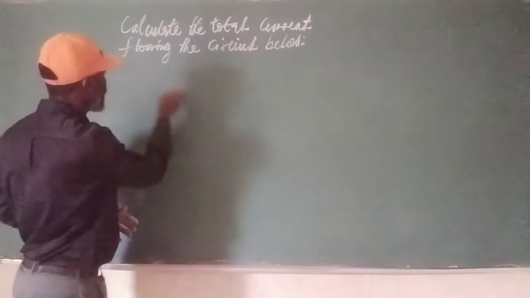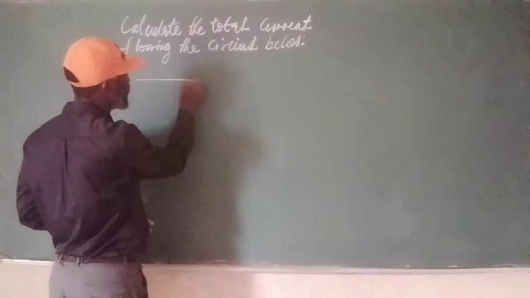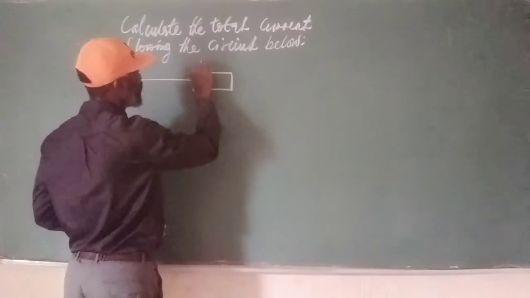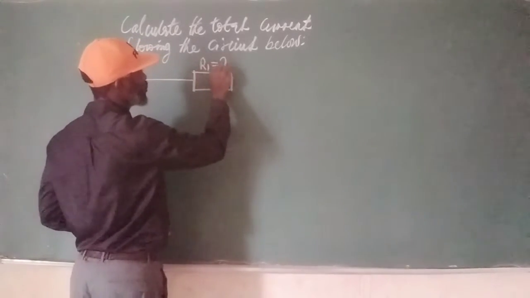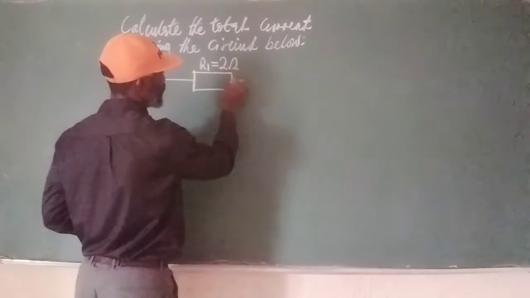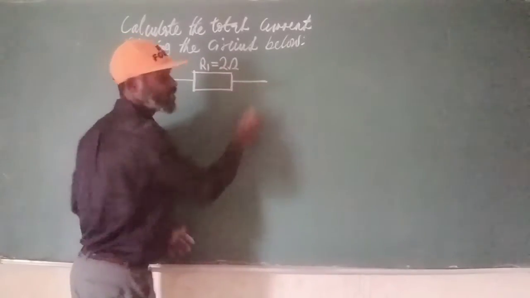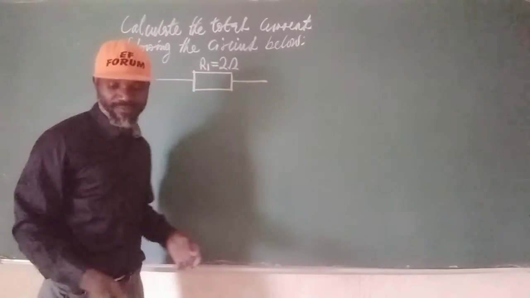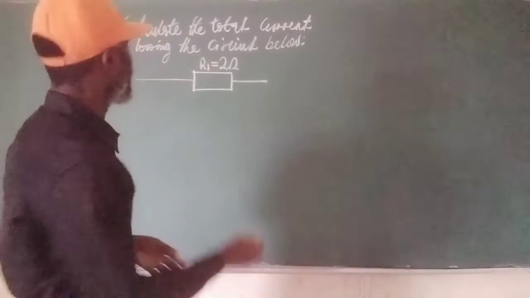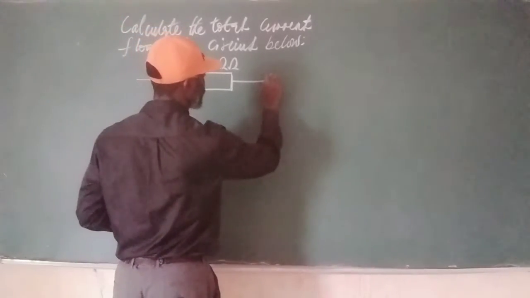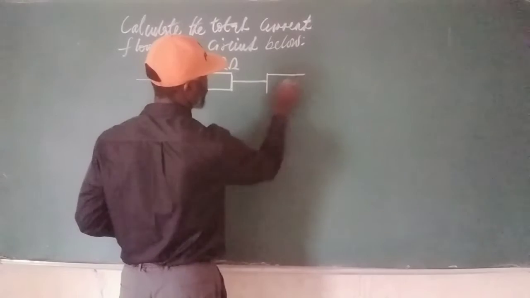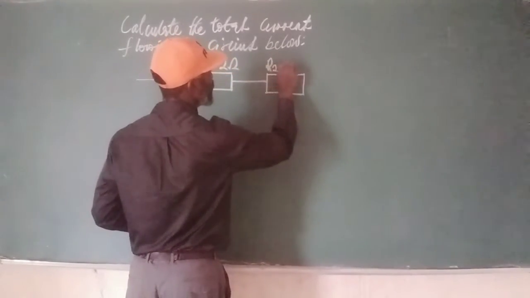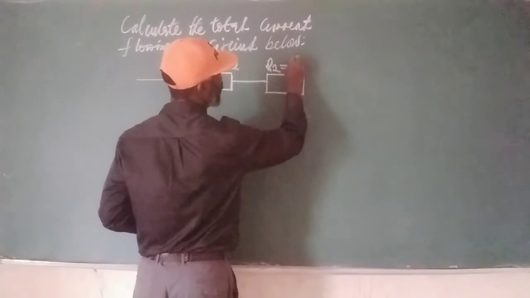Very simple, quickly. We have something like this. Resistor 1, R1, with resistance 2 ohms. Then we have the second resistor with resistance 2 ohms again. Okay, we have this with resistance, that is R2 is equal to 2 ohms.